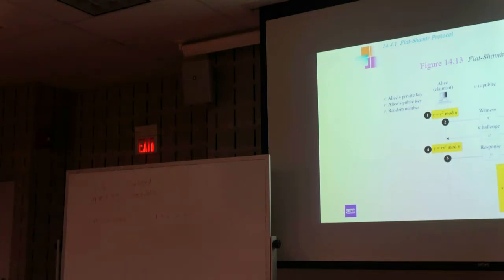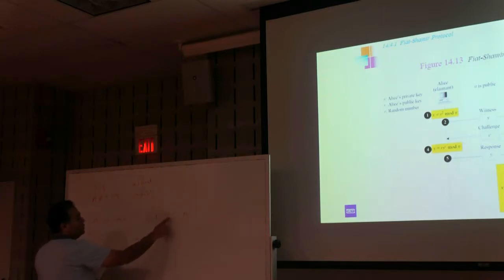Then she calculates a value called V, which equals S squared mod n. So n is a public value, S is a secret value, and it ranges between 1 and n minus 1.